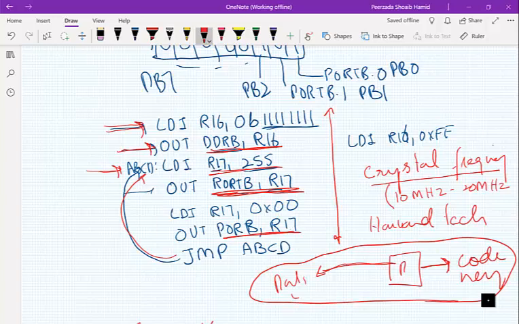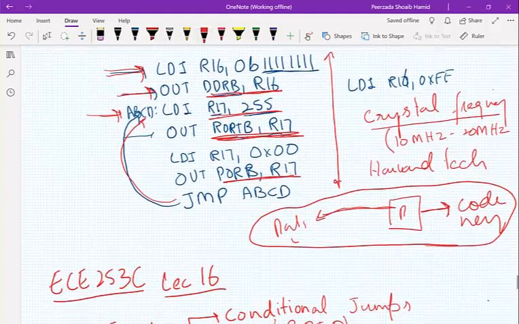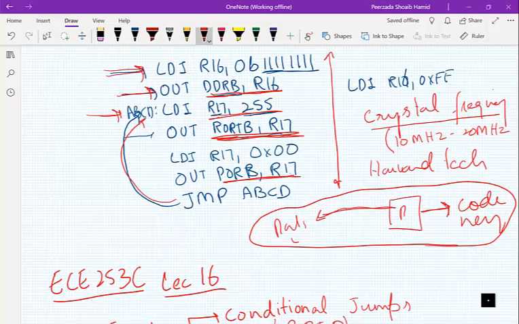Most commonly we use 16 megahertz or 24 megahertz crystal oscillators. If we take 10 megahertz, the time period will be 1 divided by 10 times 10 raised to the power 6, that means 0.1 microseconds.